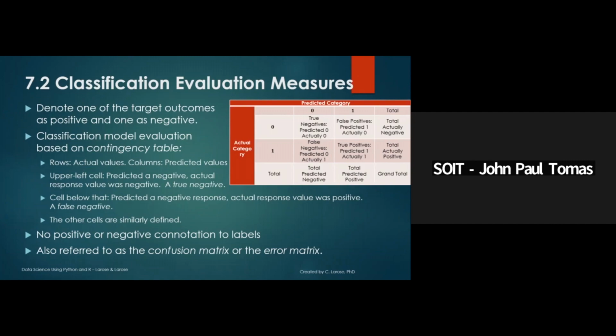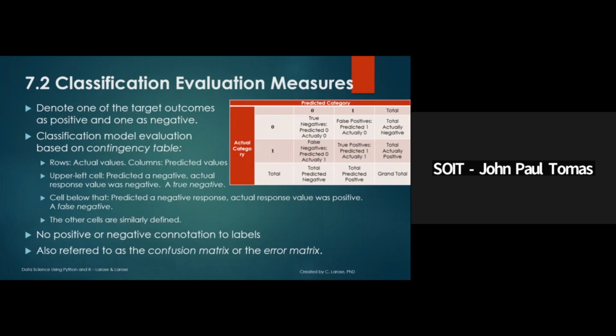Now, the cell below actually represents the number of records where the model predicted a negative response, but the actual response value was positive, which makes this prediction a false negative. The other cells are similarly defined, as you can see on the table.